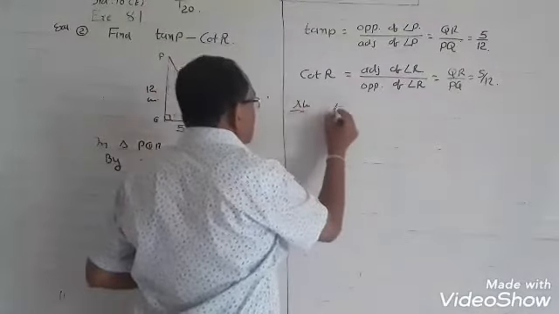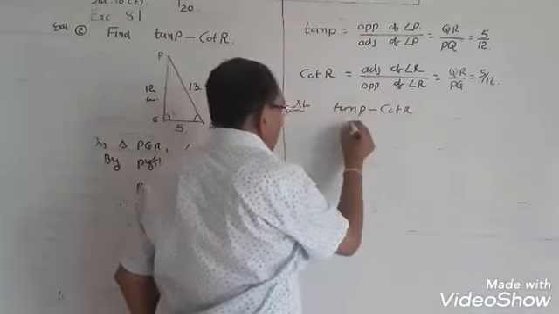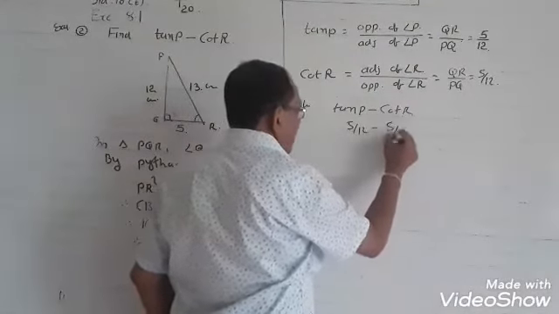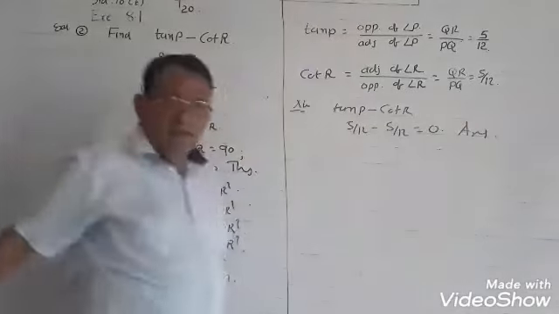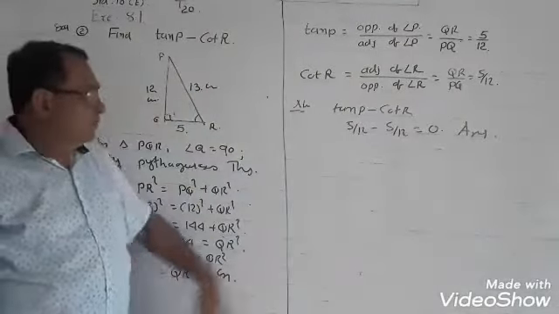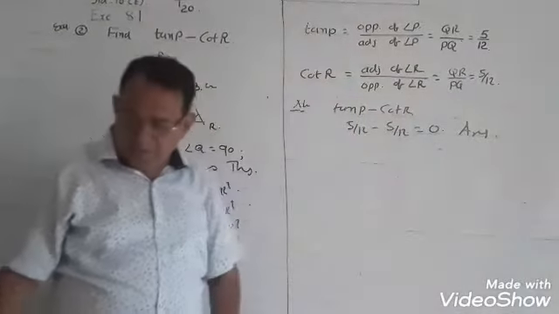Now tangent of P minus cot of R, 5 upon 12 minus 5 upon 12 is equal to 0. That is your answer. Get it? Put this value and simplify it.